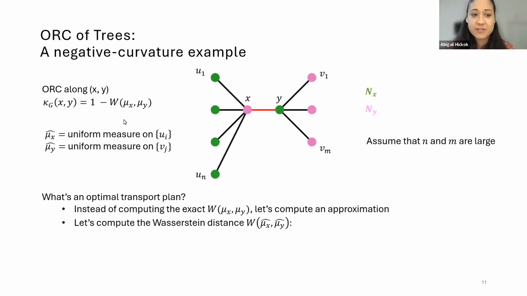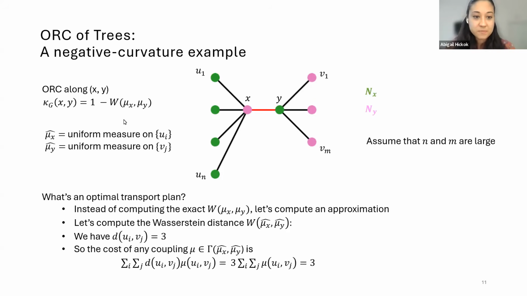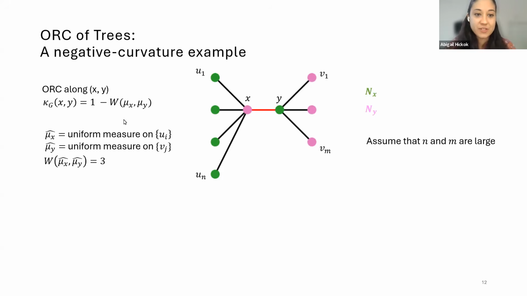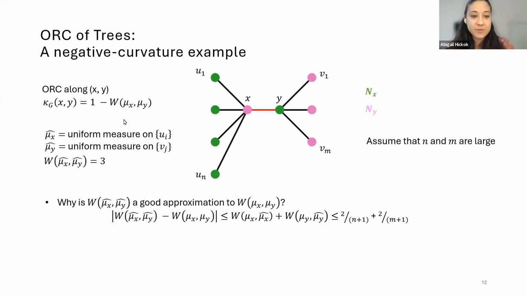And this makes it a lot easier because we want to calculate this Wasserstein distance. Well, every node u_i is distance 3 from every node v_j. So in any possible coupling, we're moving all of the mass distance 3, so the Wasserstein distance is 3 here. Great. And now this is a good approximation to the Wasserstein distance that we're interested in because mu x hat is a good approximation to mu x, and mu y hat is a good approximation to mu y.